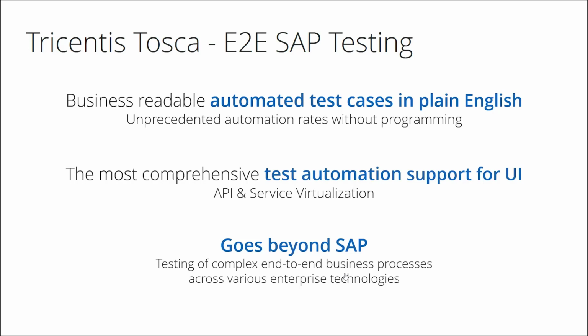Second, test automation not only for user interfaces but also for API and service virtualization. We will speak about it later today. And third, with Tosca you can test your complex end-to-end business processes across different technologies. In one test case you can combine all possible technologies. These are the three main aspects of Tosca to answer the question why Tosca.